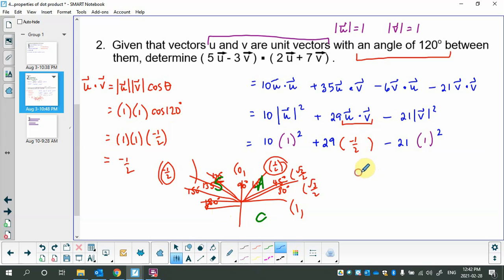Okay, back to blue. 1 squared is 1 times 10 is 10. That will be negative 14 and a half, which is negative 29 over 2. Oh my gosh, I can't believe I did that in public. Minus 1 squared is 1 times 21 is 21.